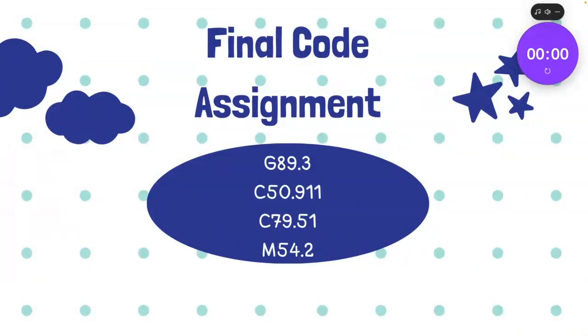Typically, the neoplasm code would provide information regarding the specific site of the pain, but it doesn't tell you about where the pain is. So you got G89.3, neoplasm related chronic pain. You got your cancer code, your primary and secondary, and then you need the code for the neck pain. So that's the M54.2. Questions on this one?